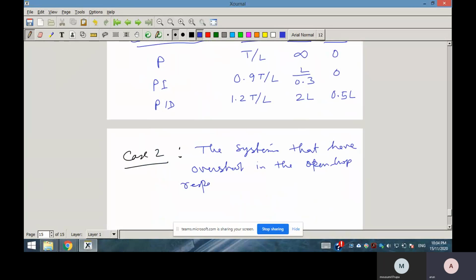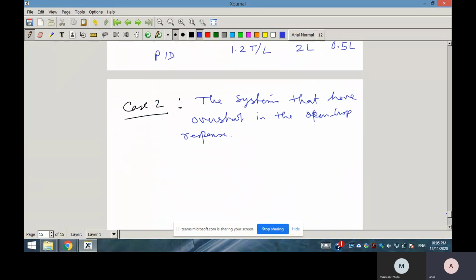We are considering that the open loop response is stable, but one has S-shaped characteristics, that is case one, and another has overshoot. So then what will you do?